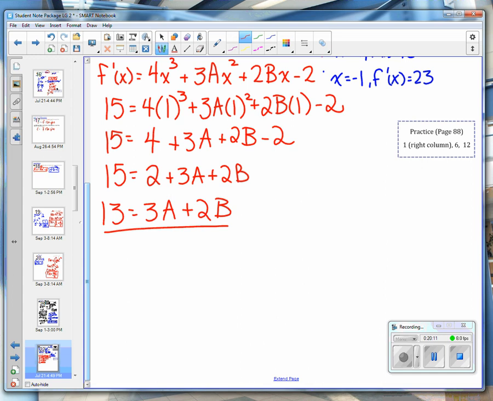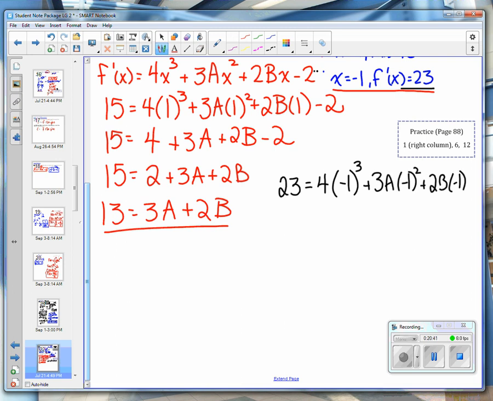Remember, guys, again, back from 10C, whenever you've got two variables, you need two equations. So let's come up with our other equation using this information here. So I'll just do this one in a different color. Okay, so again, our derivative we've got up here, and we know that our derivative is equal to 23 when x is equal to negative 1 cubed plus 3a negative 1 squared plus 2b negative 1 minus 2.